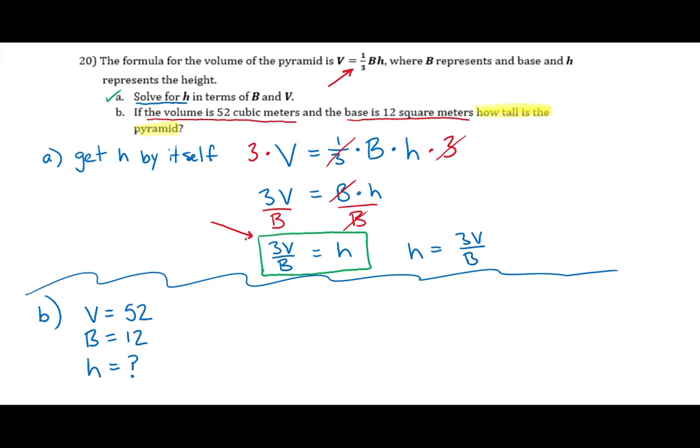For part B, we're looking for H, and from part A we have an equation that tells us what H is equal to. So H is equal to 3 times V divided by B. V is 52, so 3 times 52 divided by B, and B is 12.